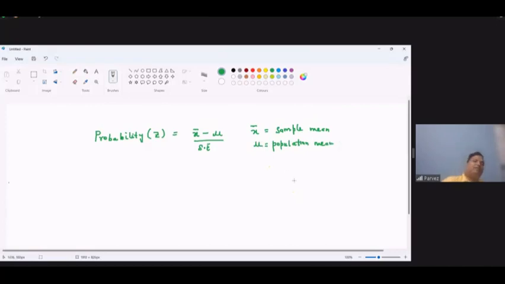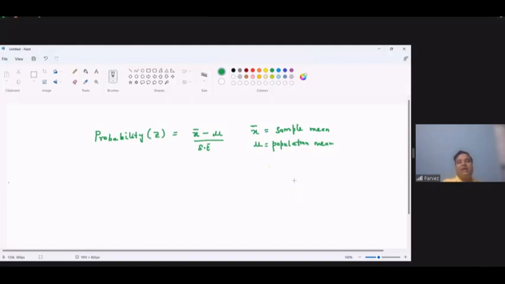So you also have to remember these formulas. Probability formula: X bar minus mu divided by standard error. X bar is your sample mean, mu is your population mean, SE is standard error. Standard error you will calculate by any of the formulas you have used earlier. Out of those three formulas, we will use any one and calculate standard error.